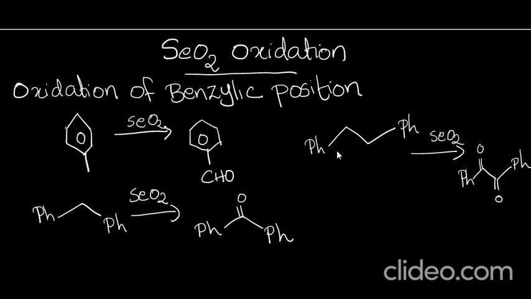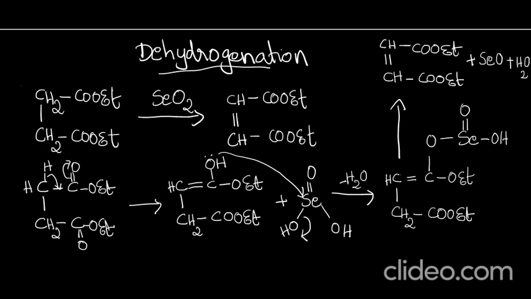Another example, PhCH2CH2Ph. In the presence of selenium dioxide, both the benzylic positions get oxidized into C6H5 C double bond O C double bond O C6H5. Another application is dehydrogenation.